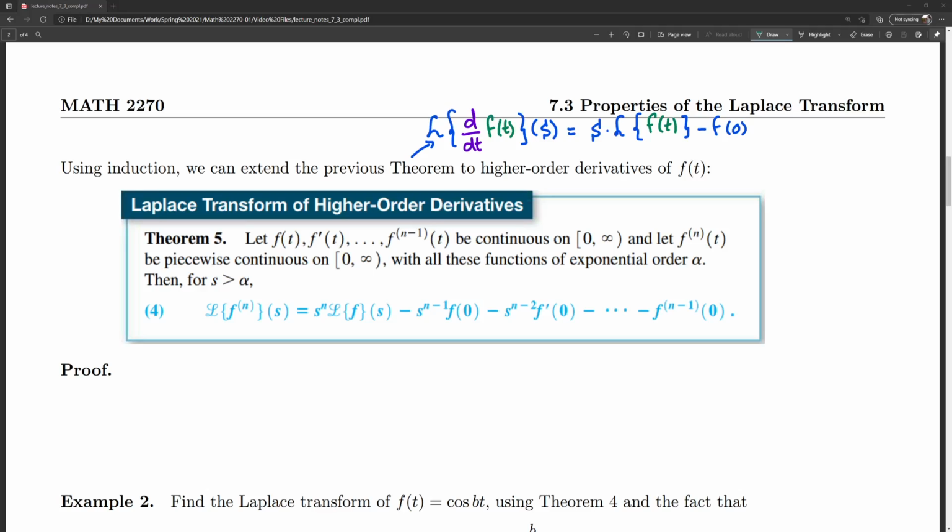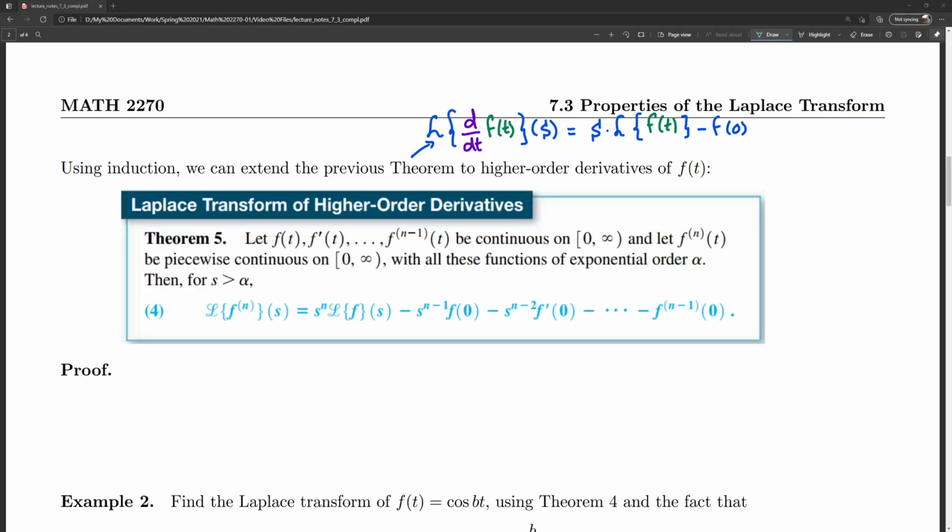So let f of t, f prime of t, up to the n minus first derivative of f at t, be continuous on the left closed interval 0 to infinity, and let the nth derivative of f be piecewise continuous on the left closed interval from 0 to infinity, with all of these functions being of exponential order alpha.